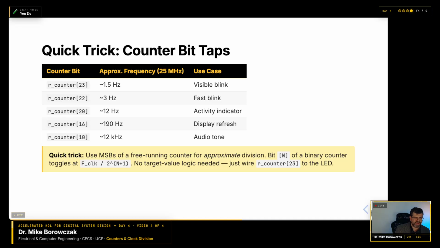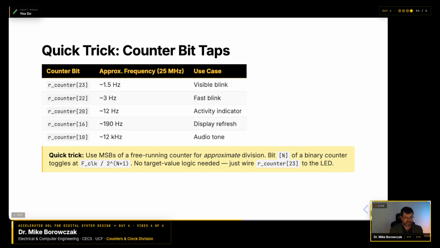Just observing specific bits in my counter would allow me to basically immediately get different frequencies for free, right? So if I have a 24-bit counter and I know its approximate frequency, I basically know that each bit below that is essentially a doubling or so of that frequency. So it's actually a super nice trick to do.